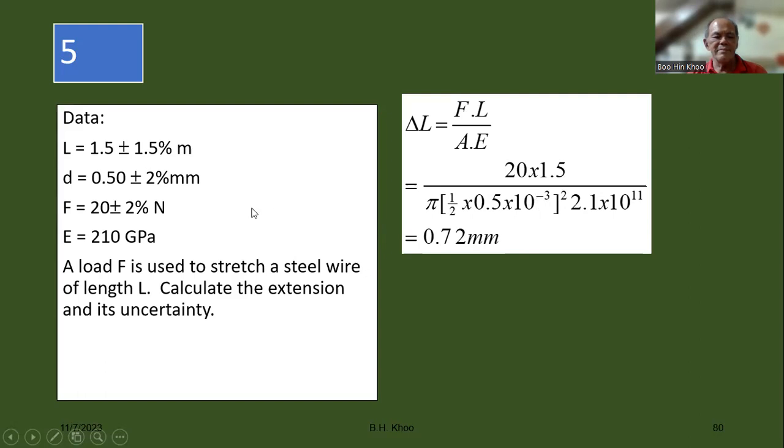The diameter divided by 2, change it to meter, then r squared. Young's modulus, convert it to SI unit. Calculate and give your answer. If there's no specific requirement, you can give whatever unit you want. When you calculate that, it will be in meter. You can change to millimeter.